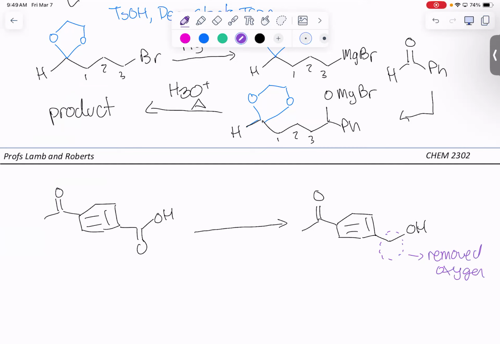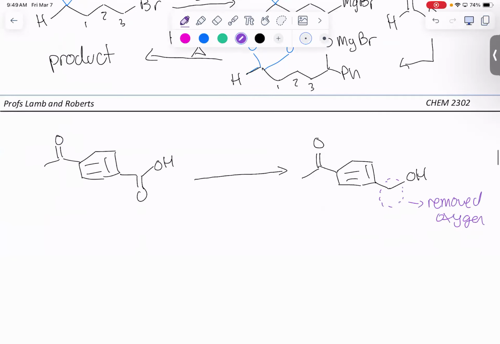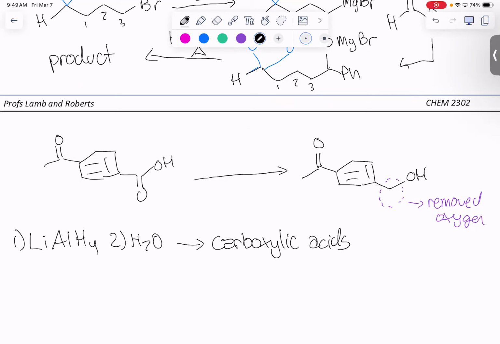Right? We know removing oxygen or bonds to oxygen is a reduction, right? We know that. So the only thing we know is lithium aluminum hydride followed by a water quench. We know this takes carboxylic acids and turns them into alcohols by reduction.